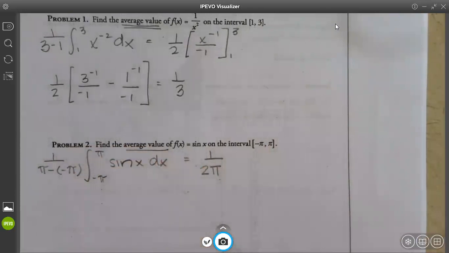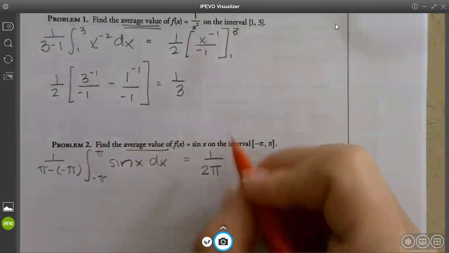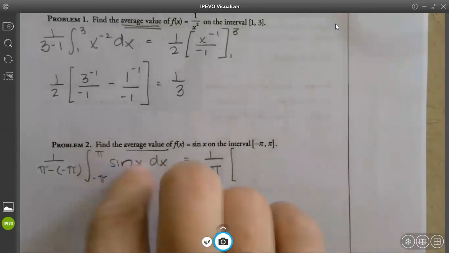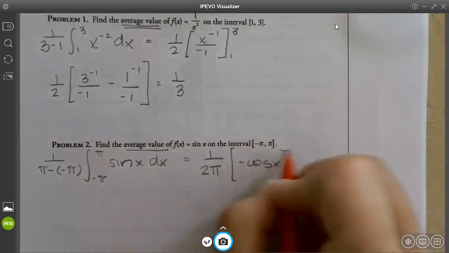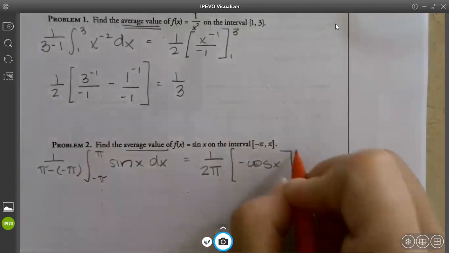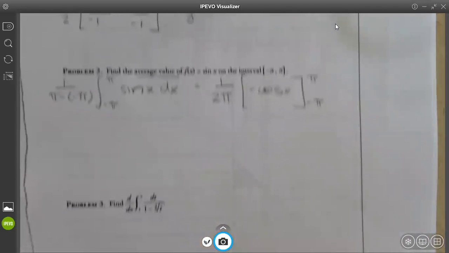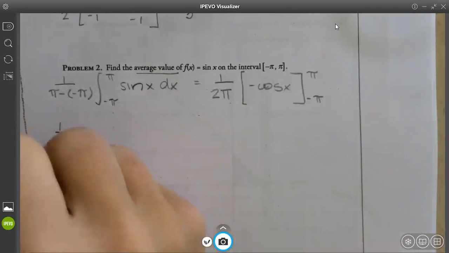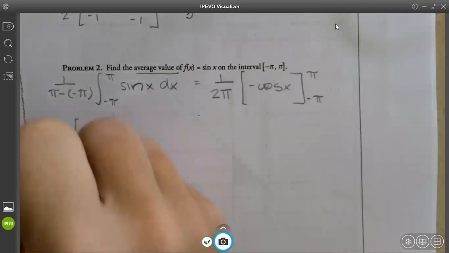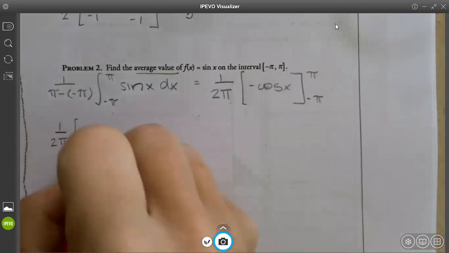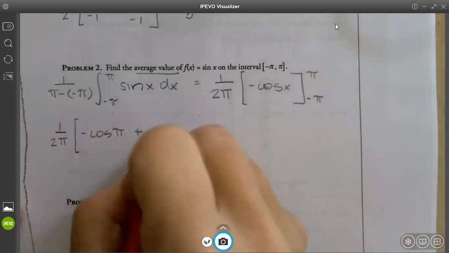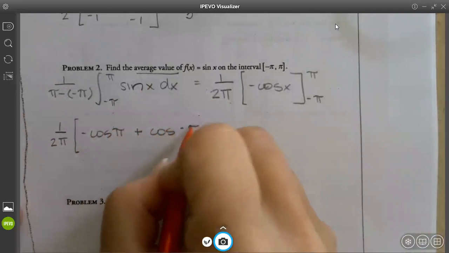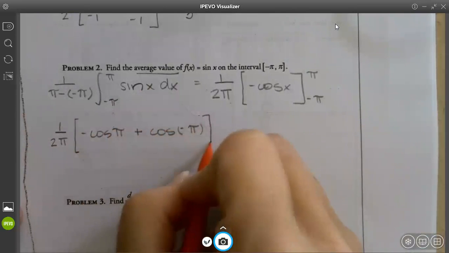What's your integration of sine x? Negative cosine x from -pi to pi. So negative cosine pi minus negative would be plus cosine -pi.